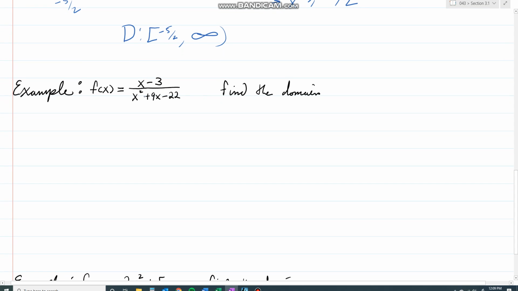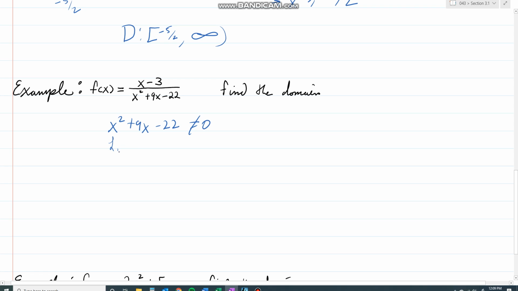All right, let's look at this example. F of x equals x minus 3 over x squared plus 9x minus 22. What case do we have here? Well, we have a fraction, and I can't divide by 0, so I need x squared plus 9x minus 22 to not equal 0. So how can I solve this? Well, can we factor this?